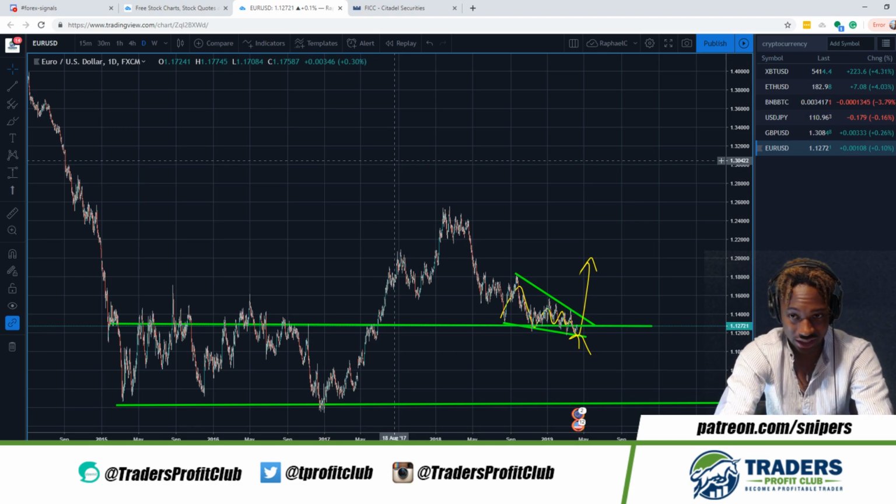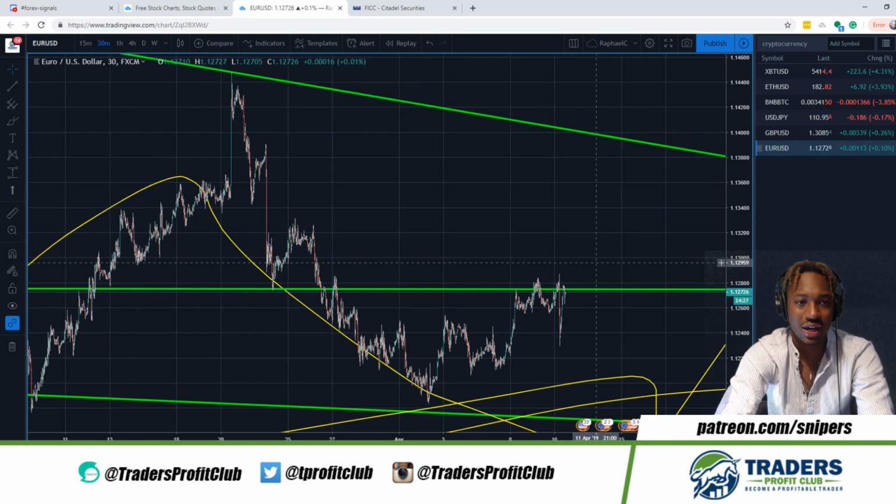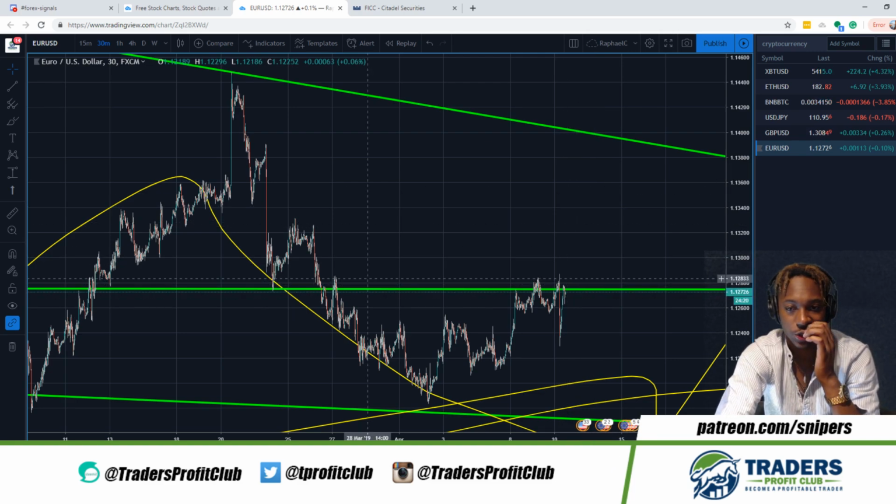I'm going to do analysis for Euro, Great Britain pound, and USDJPY to see where market price is going to be going. I don't like to trade the Tokyo session, but right now it looks like we're definitely going to spike back to the high for the London session breakout to Thursday reversal.